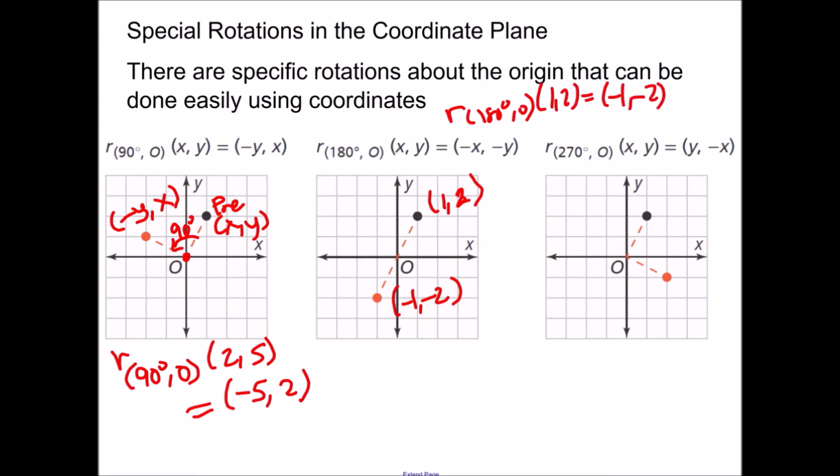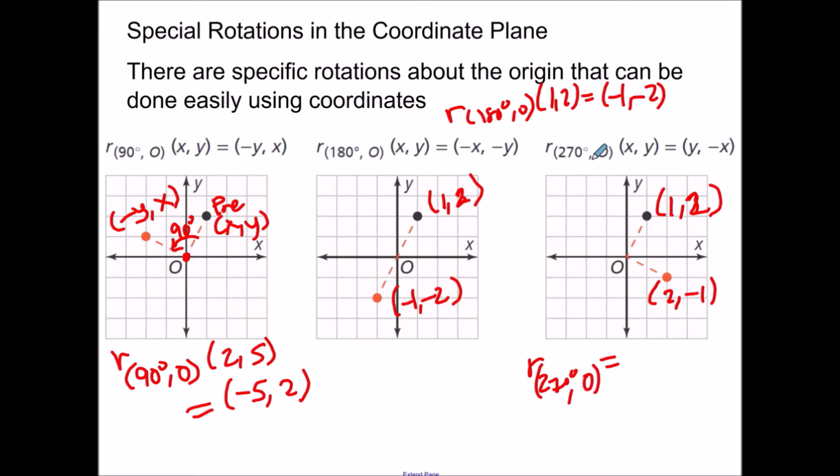Now the third rule: if you rotate 270 degrees, and this coordinate is (1, 2), then according to the rule, you're going to change the sign of the x, and then switch x and y. So this coordinate right here is (2, negative 1). That's the rotation of 270 degrees about the origin.